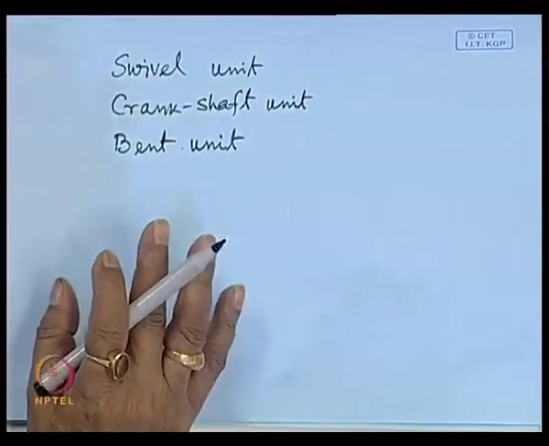Do you have any idea of a crankshaft? Have you seen any crankshaft? Transforming circular motion to linear motion, that is done by a crankshaft, or vice versa. Now, you see how it looks.